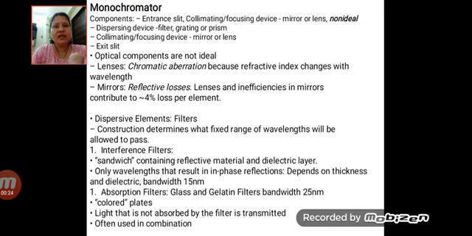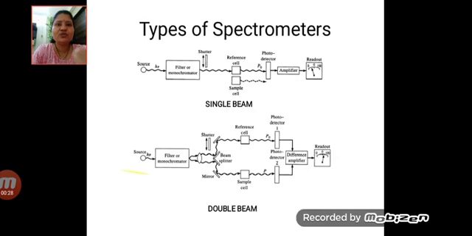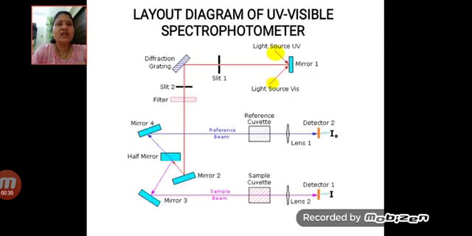In our previous lecture, we studied the different light sources, and this is the typical diagram of the UV visible spectrophotometer.